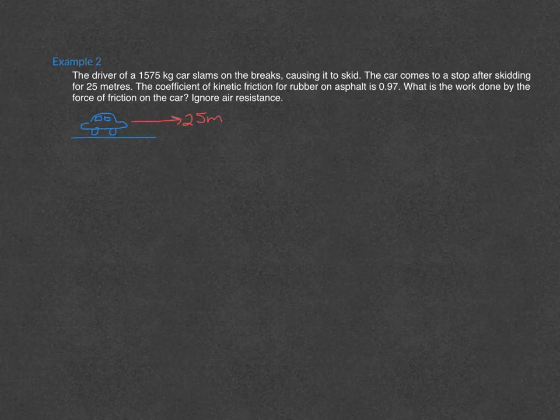So right off the bat, we want to see if we have positive or negative work. And if we have a slowing down or a stopping, then it's going to be negative work. So what force is stopping it? And it tells us in the question, the coefficient of friction.